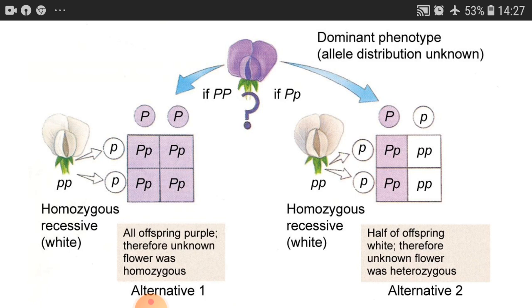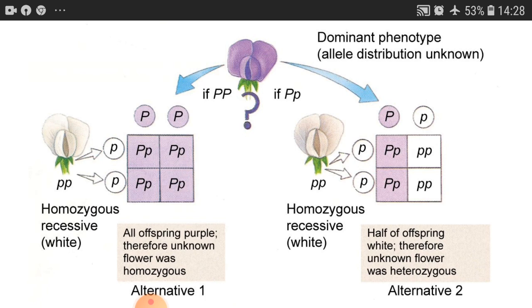So again I repeat, a cross between an individual of unknown genotype and an individual which is homozygous for recessive characters is known as a test cross, whereas a genetic cross between a hybrid organism and one of the original parental types is called a back cross. That means original parental types can be either parent, dominant or recessive, because parents carry pure characters either for the dominant or for the recessive trait.